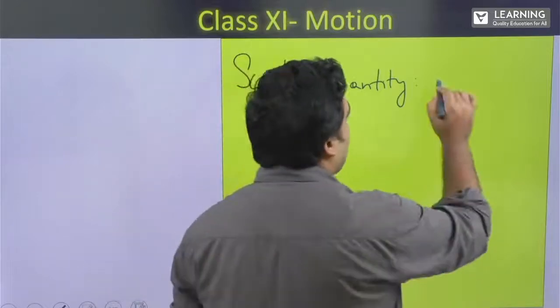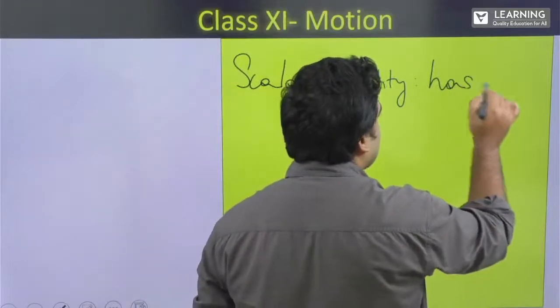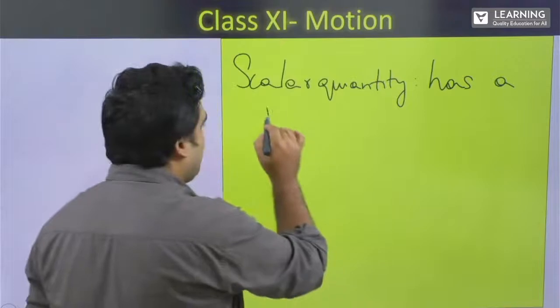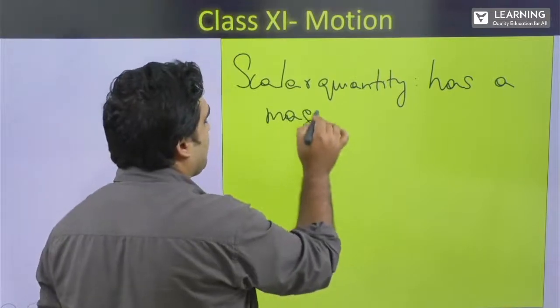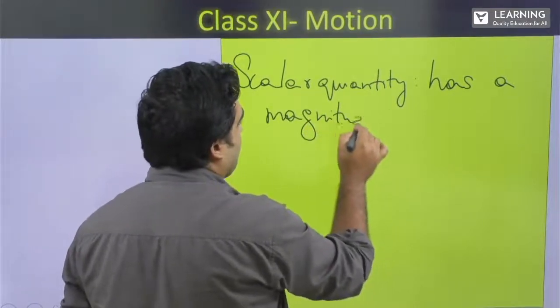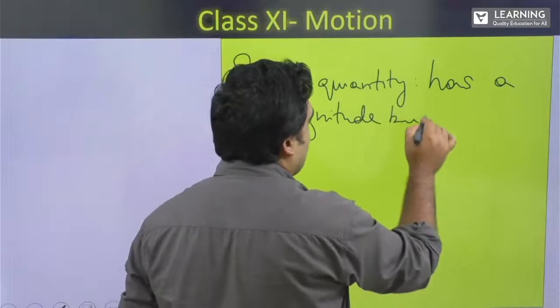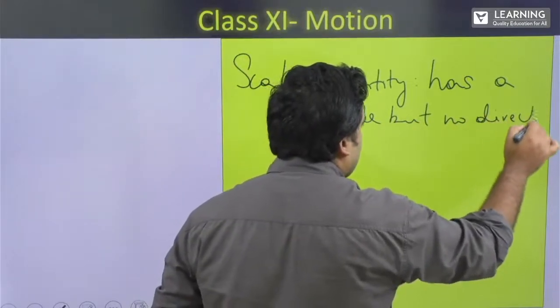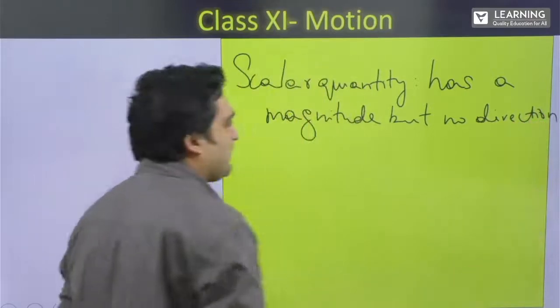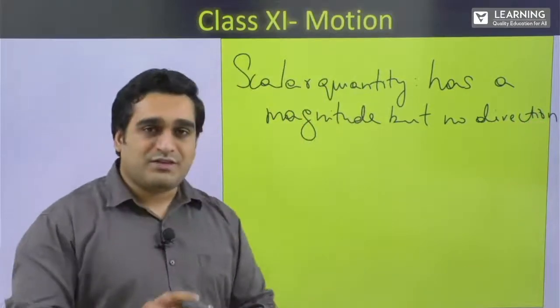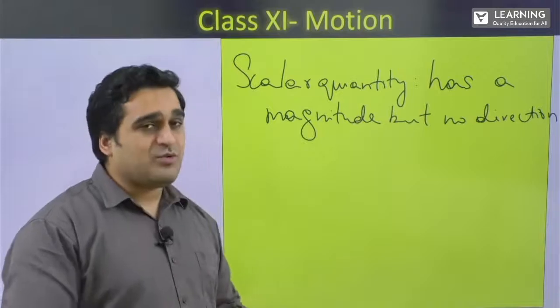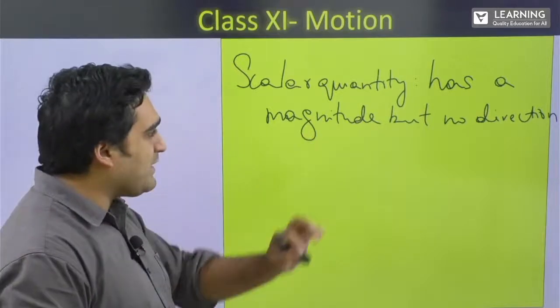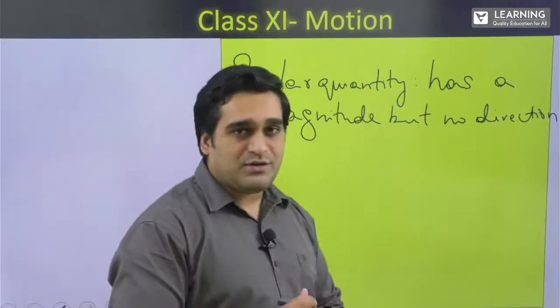So a scalar quantity has a magnitude, but no direction specified. These types of physical quantities have magnitude but no direction.